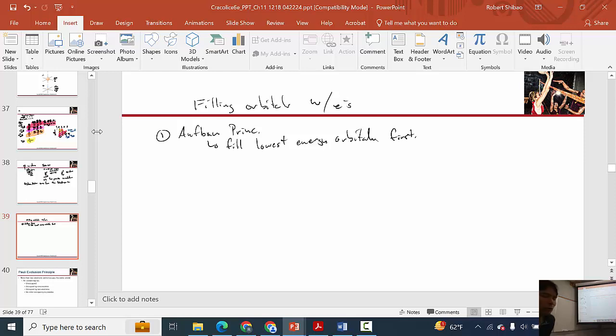So we start off at the lowest energy and then build up to higher and higher energies. This is for what we call ground state. Ground state is the lowest energy configuration possible.